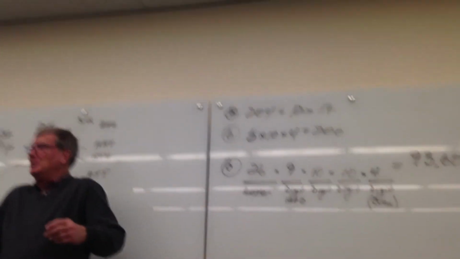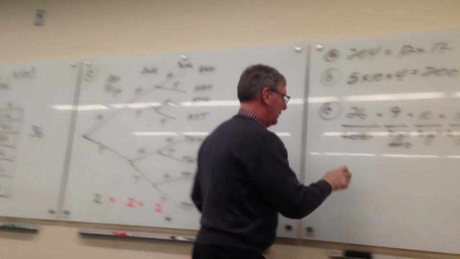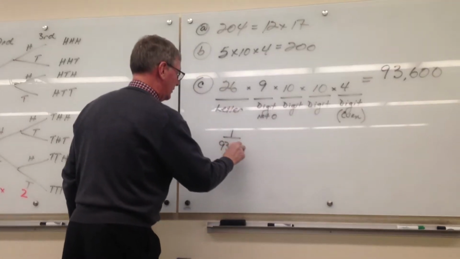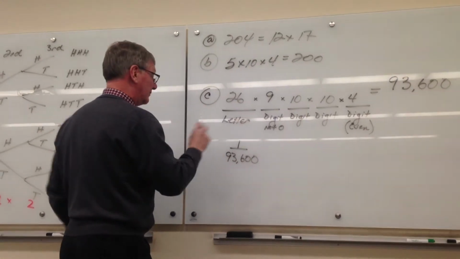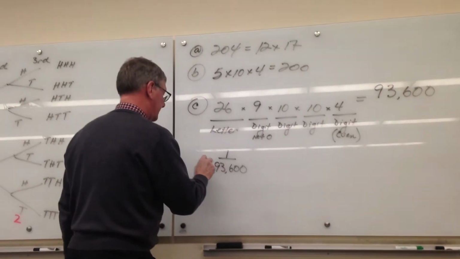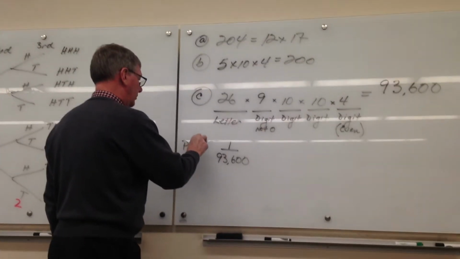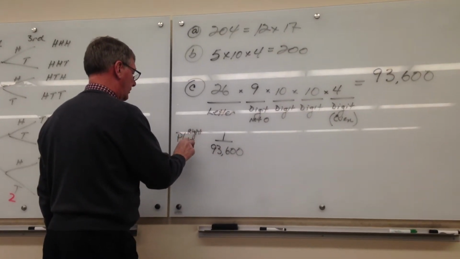Yeah, pretty bad, aren't they? I mean, look at it. There's one way we can get it right, right? 1 over 93,600. That's the probability of getting it right on the first guess.